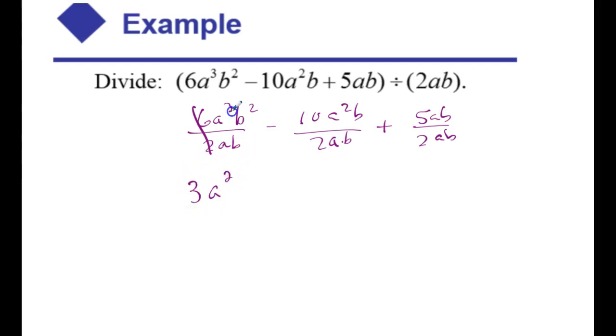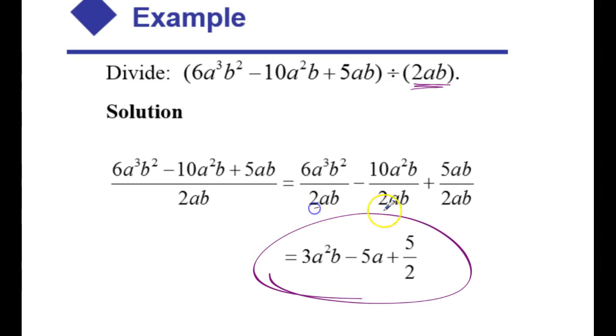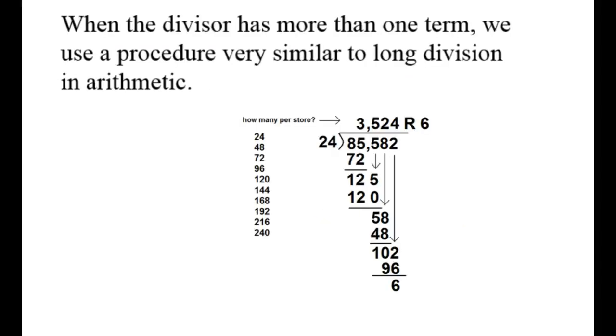A squared, because I had 3 minus 1. The b's cancel. I'm left with 1a up top. Plus, now all of this cancels, the a and the b, and I would just leave this 5 halves. I wouldn't go to 2.5, but you could, certainly, and the author gets the same answer. So dividing by a monomial is fairly simple. You just divide each term by the monomial.